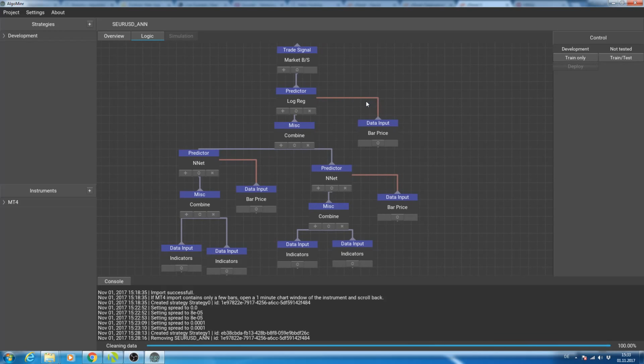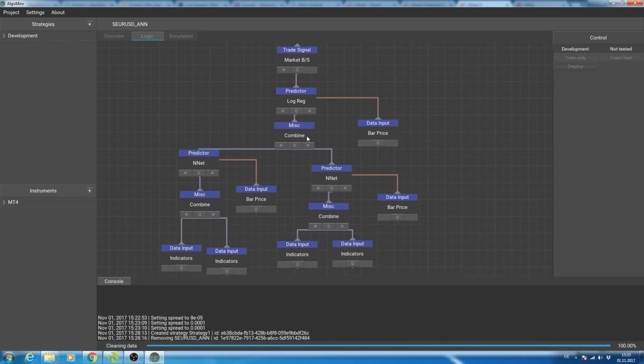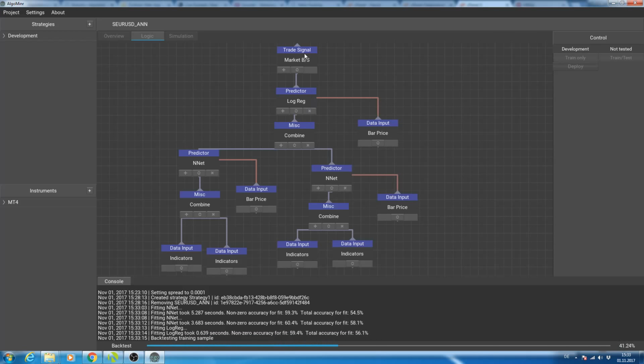So that's set up, I think. Let's train and test. It's going to fit both of these neural networks and then take the combination of those signals and turn them into a market buy or sell signal.